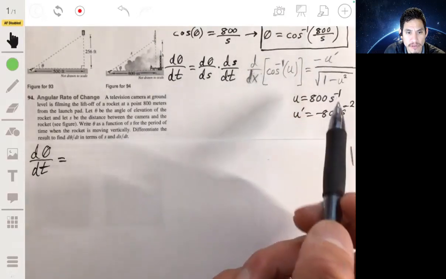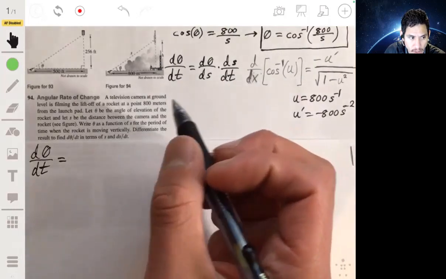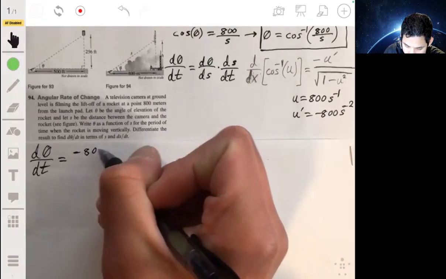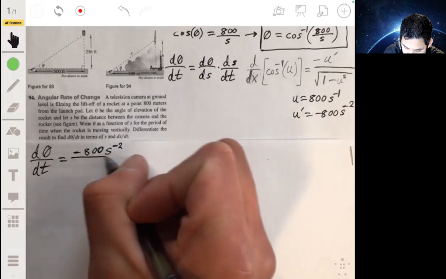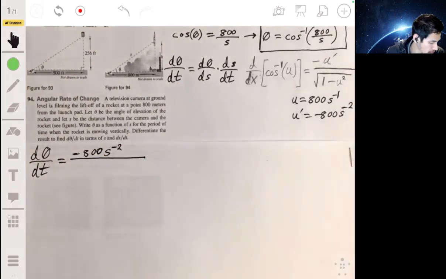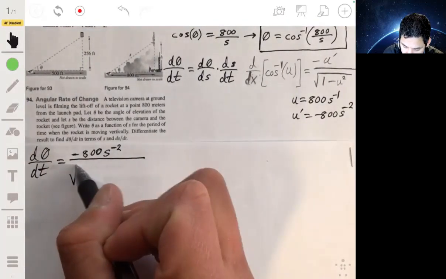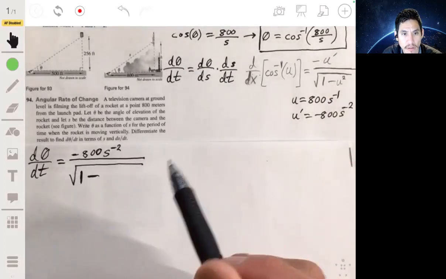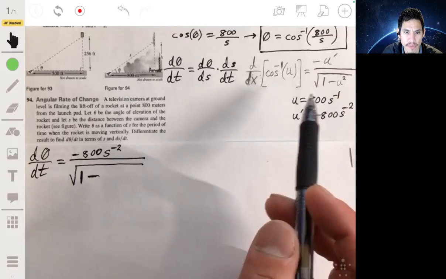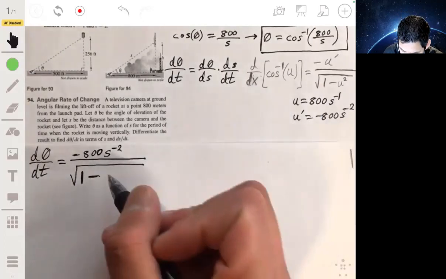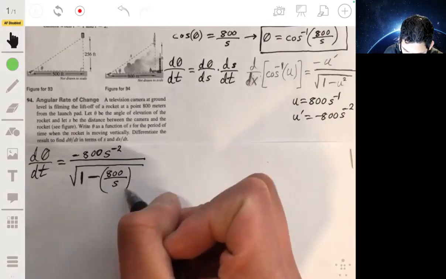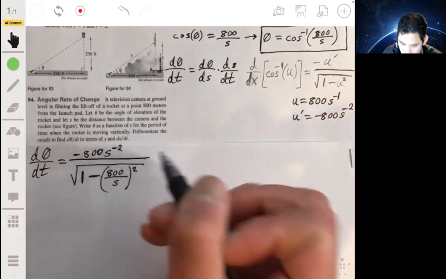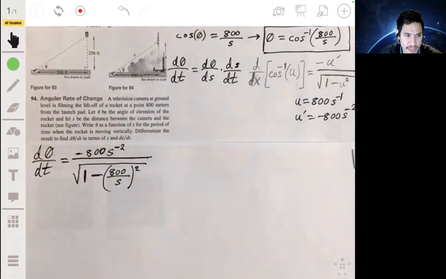We're going to have u prime on top, so negative 800 s to the negative 2, all over the square root of 1 minus u squared, so 1 minus 800 over s, because that's s to the negative 1, this whole thing squared. And technically, this whole thing is being multiplied by ds dt.